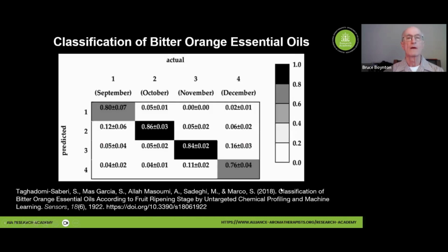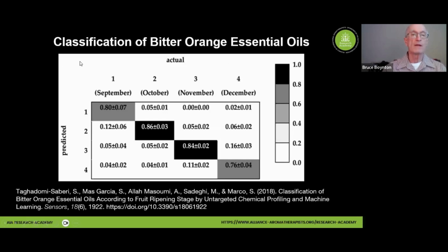Here's another example. This is a classification of bitter orange essential oils according to the stage of fruit ripening. So these investigators noticed that the GCMS of the essential oil would change over the period in the fall.